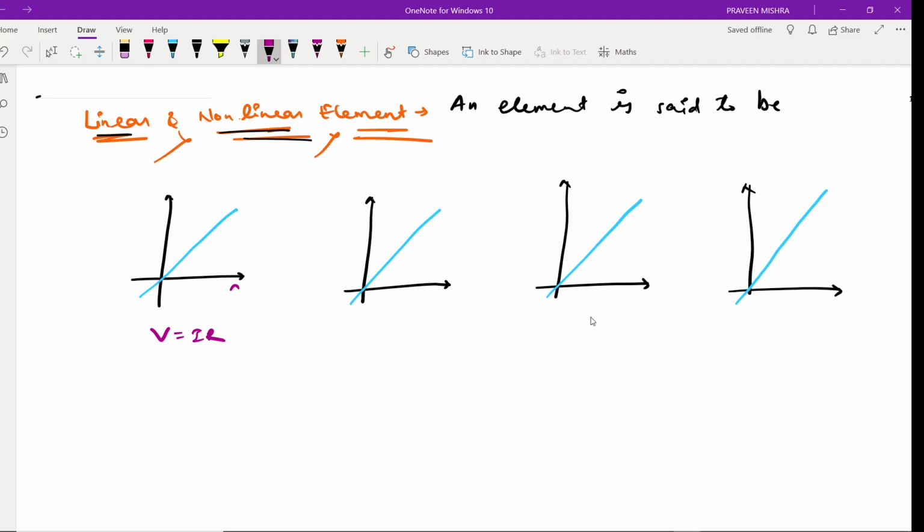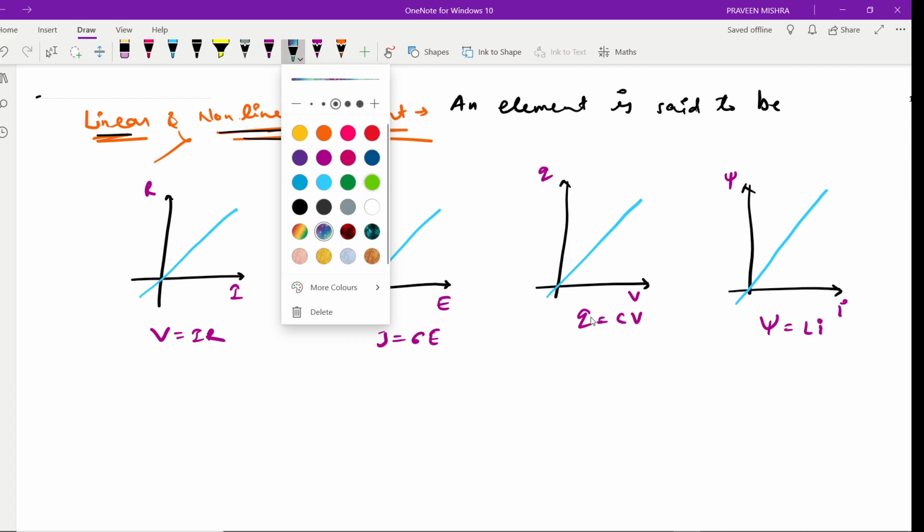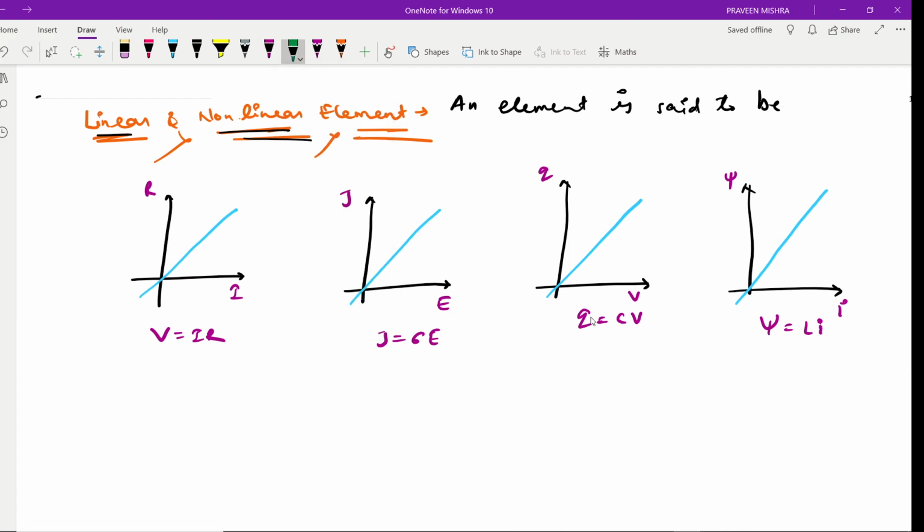This one is a VI plot, and likewise current density J equals sigma E, and Q equals C into V if we are considering a QV plot, and psi equals L into I. Here the slope of this plot is R, this one is C, and the slope of this is sigma.